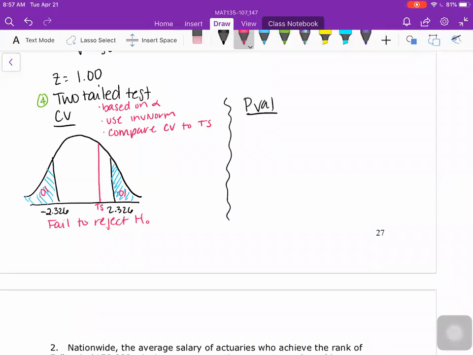The p-value method is based on our test statistic. Because this is a z-test, we're going to use normal CDF. And to make a decision, we compare our p-value to alpha.